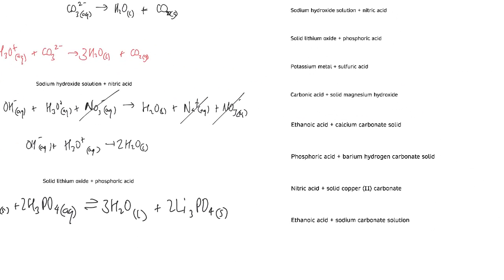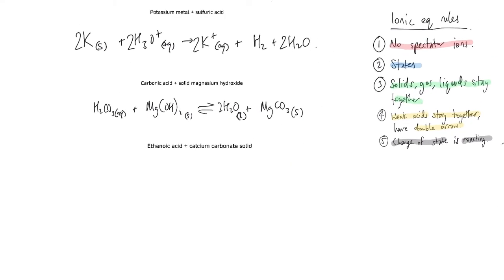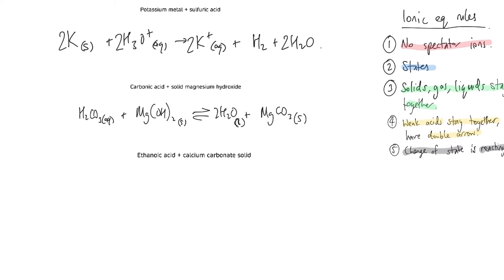Ethanoic acid and calcium carbonate solid. Oops, no, where is it? Grab that. Okay, let's move that here. Okay, so let's go through that one. So ethanoic acid is a weak acid, so I know that I can write that out immediately.